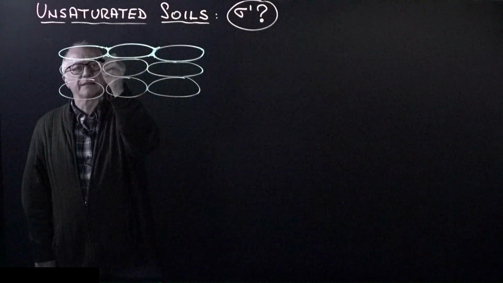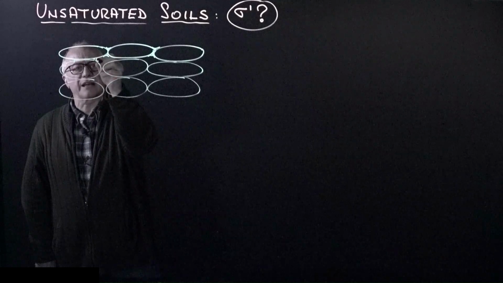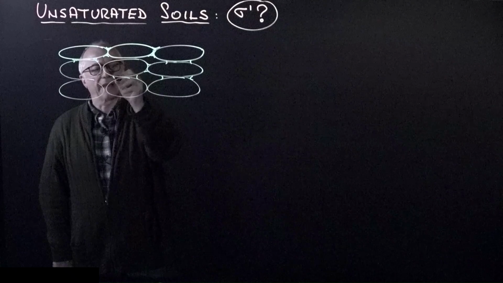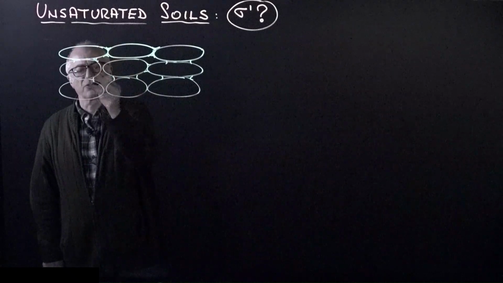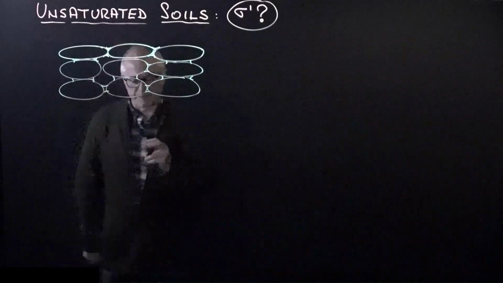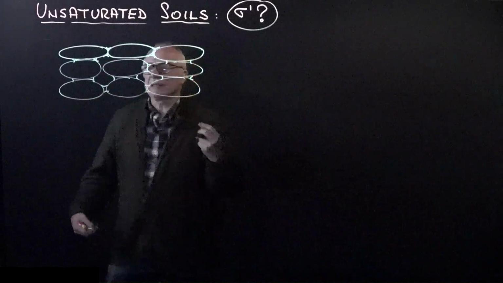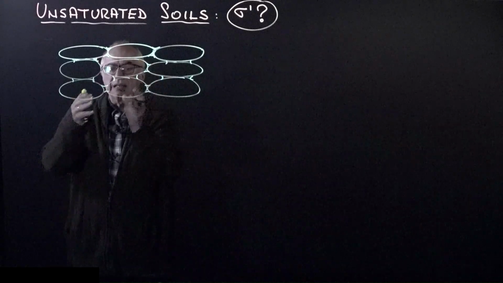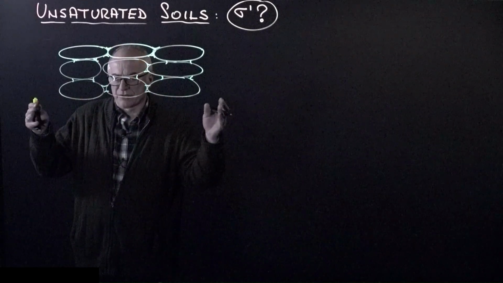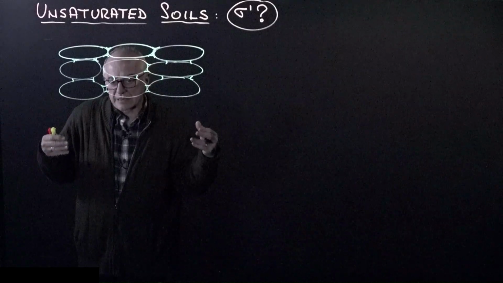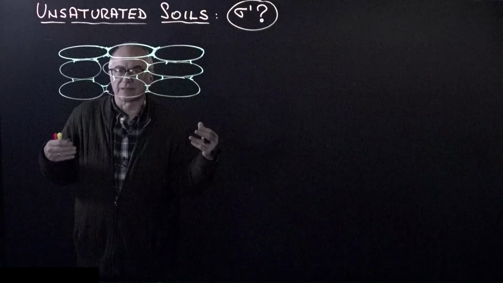And the suction times the area affected by these menisci and the additional force of the periphery of the meniscus times the surface tension will determine the forces acting between these particles. Then if we do the area average of the forces, we will have an idea of what are the implications in terms of effective stress.